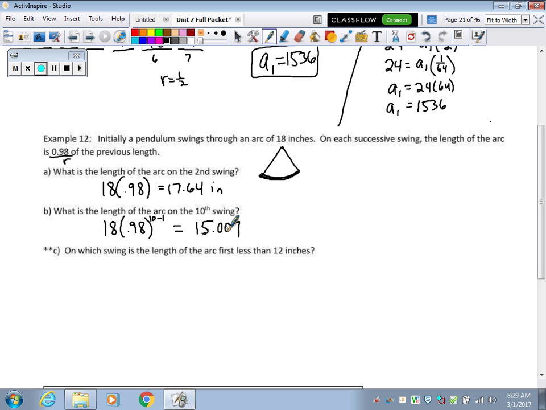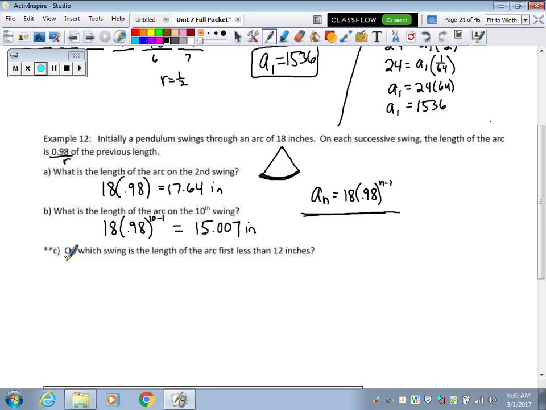I don't know how accurate you need to be. Doesn't say. And so kind of our general rule that we're figuring out here is the length of the swing is 18 times 0.98 to the n minus 1. That's sort of our general rule we're using.